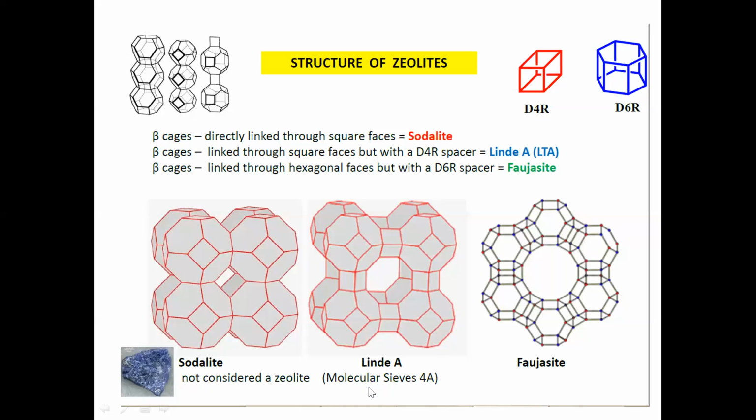The second one, Linde A, is a molecular sieve. Molecular sieve means something which can separate molecules. Here you can see the cavity is bigger. It is the same structure as sodalite, but the beta cages are connected through 4 molecules, and in the structure it looks as if they are connected by a D4R, like a cube.